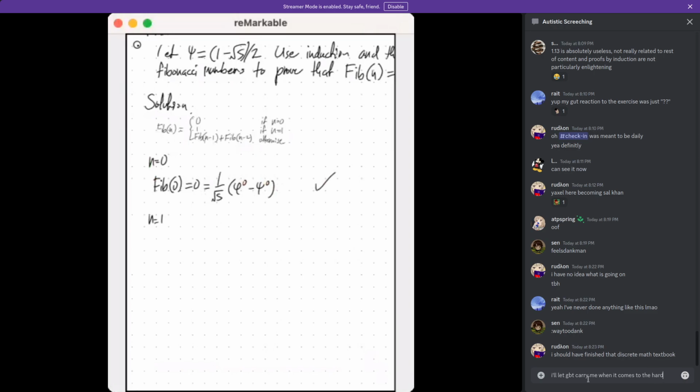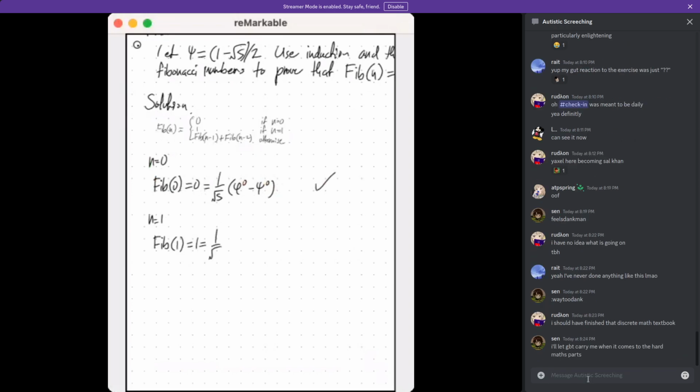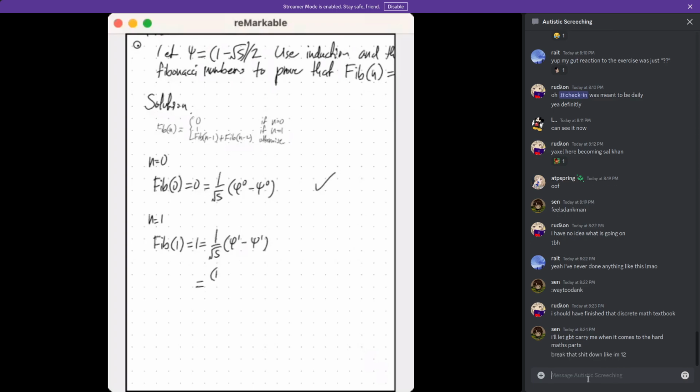n equals 1. For where n equals 1, the Fibonacci number is going to be 1, and then this is going to equal 1 over radical 5 of this expression, which if you expand it out, it'll be 1 plus radical 5 over 2 minus 1 minus radical 5 over 2, over radical 5, right?